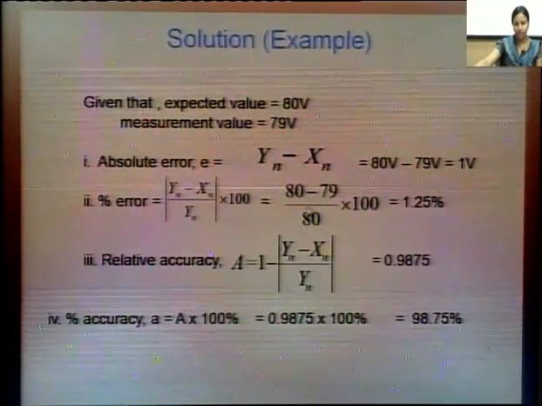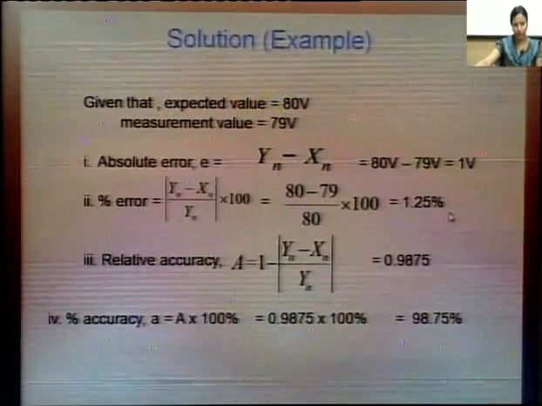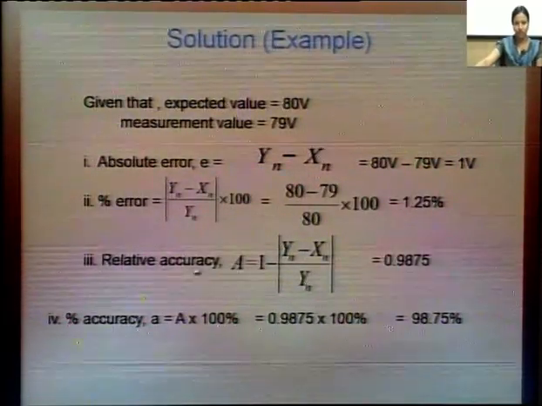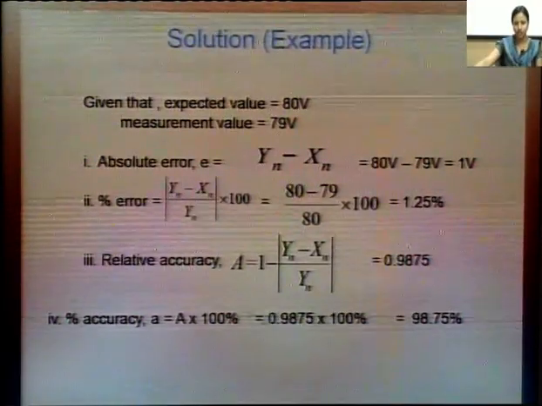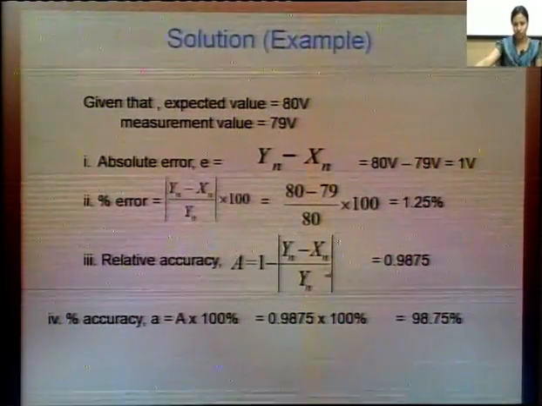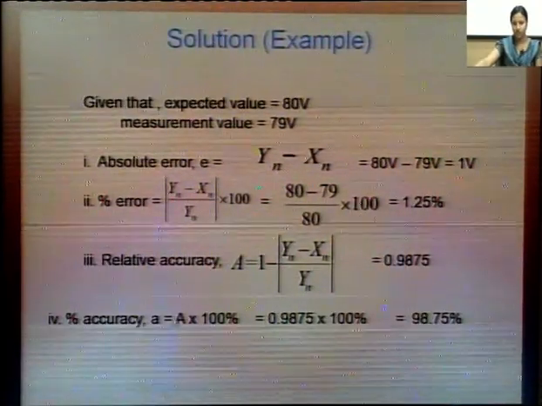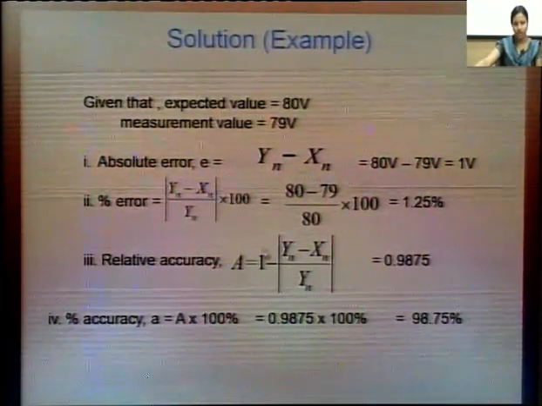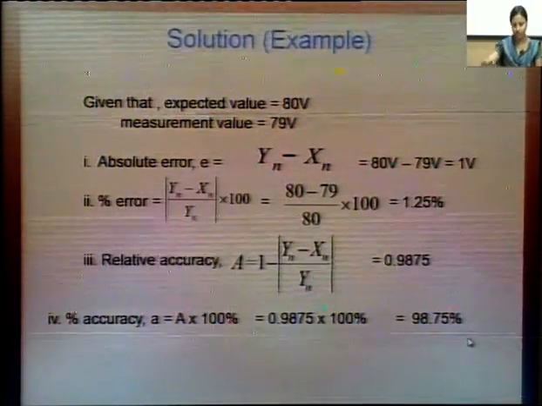Percentage error is 1 volt divided by 80 times 100, so 1.25%. Relative accuracy is 1 minus the relative error, so 0.9875. Percentage of accuracy is A multiplied by 100, so it is 98.75%.